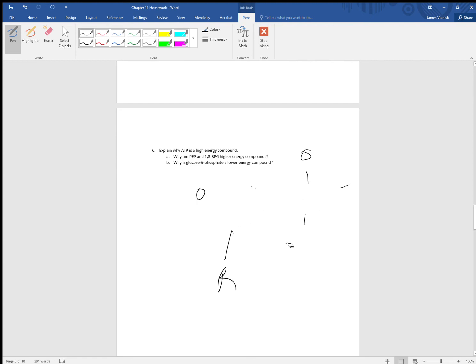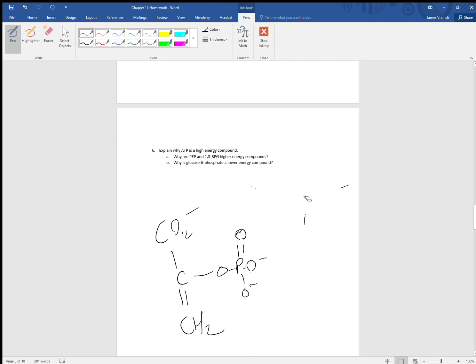Now, for our last example, phosphoenol pyruvate, let's draw it real quick. All right, phosphoenol pyruvate has an extra energy storage in that right now this molecule is basically trapped in an enol form.